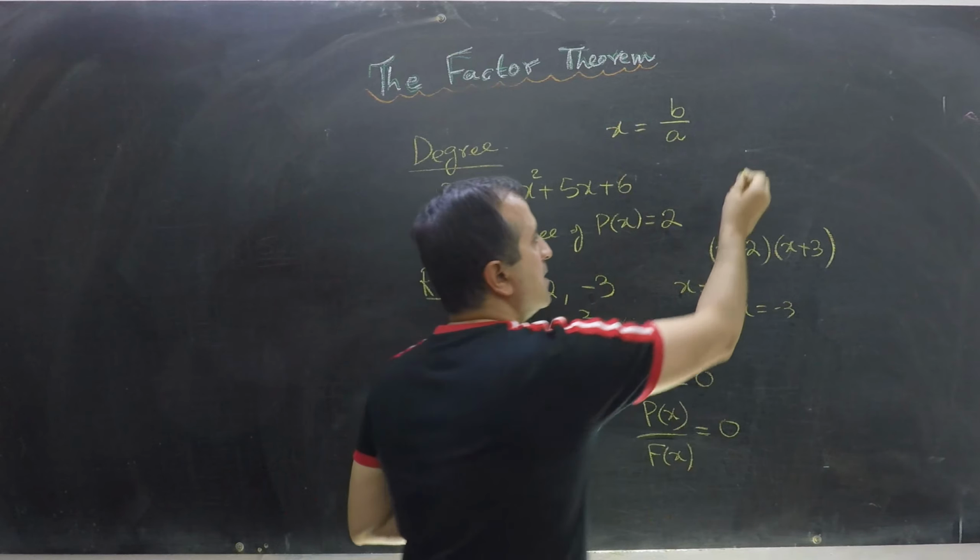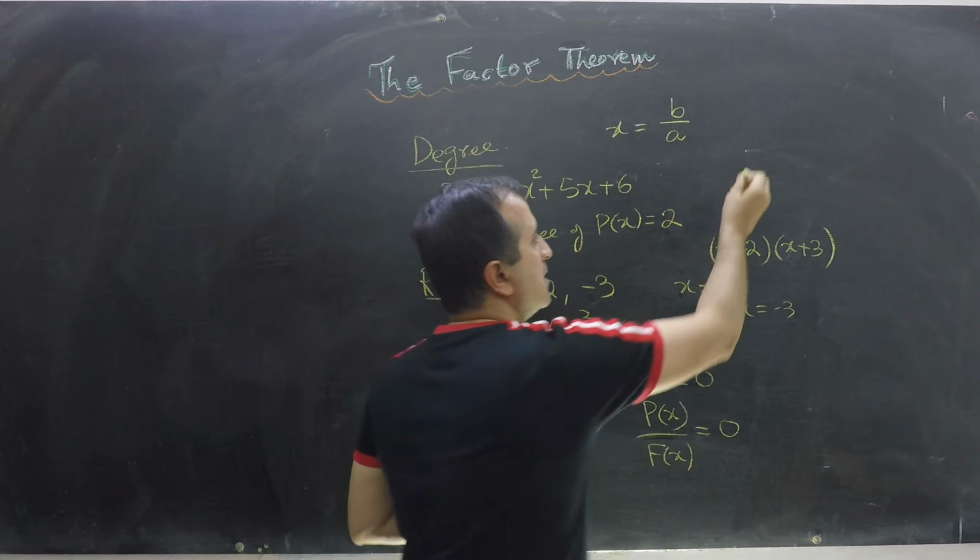So now let's put minus 2 in the polynomial. 3 times minus 2 raised to power 3 plus 17 times minus 2 raised to power 2 plus a times minus 2 plus b. And because minus 2 is a root of the polynomial, this equation will be equal to 0, because a root makes a polynomial equal to 0.